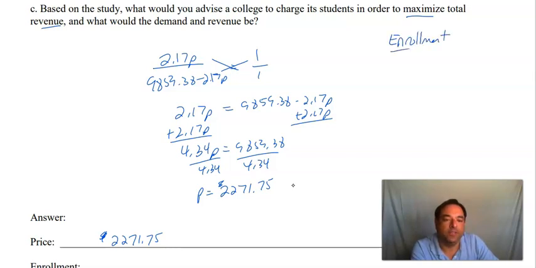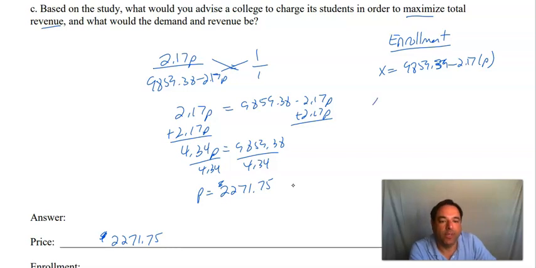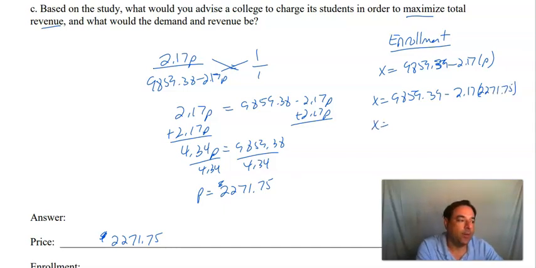Well, we can also find the enrollment. The enrollment is the demand. So remember we had that x equals 9859.39 minus 2.17 times p. We now know what p is, 2271.75, which gives us our enrollment, which would be how many students.